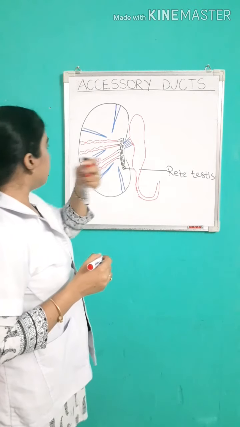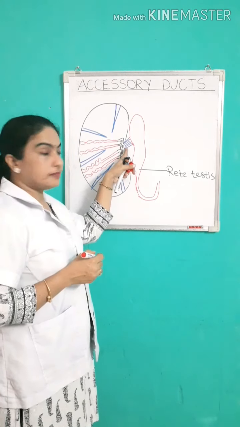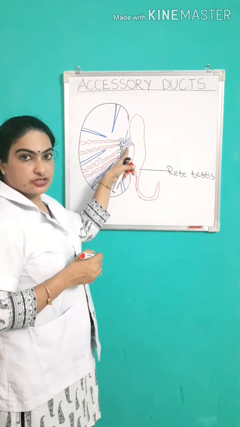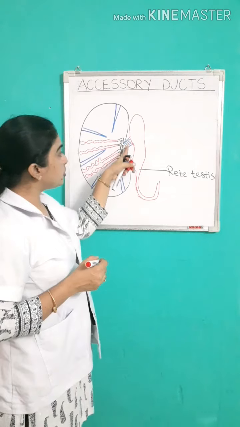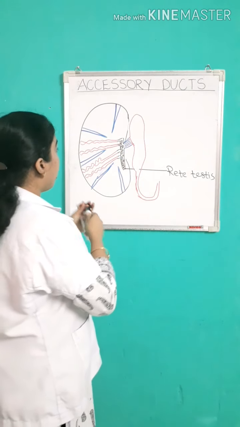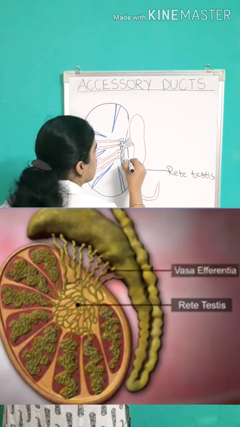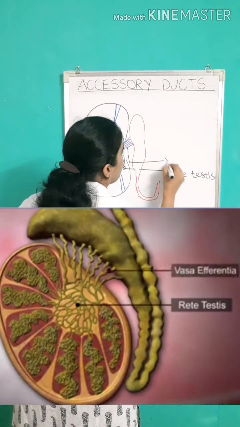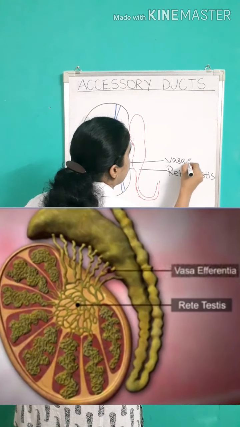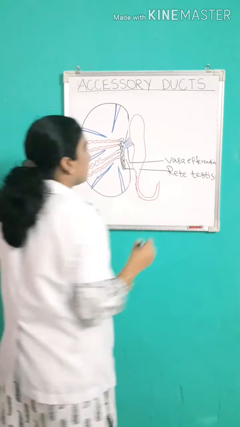These several tubular structures are known as vasa efferentia. This is the second accessory duct.